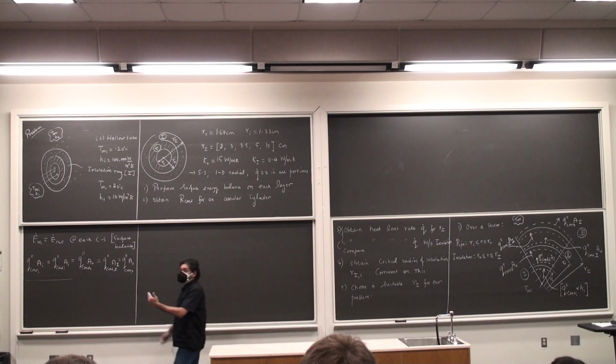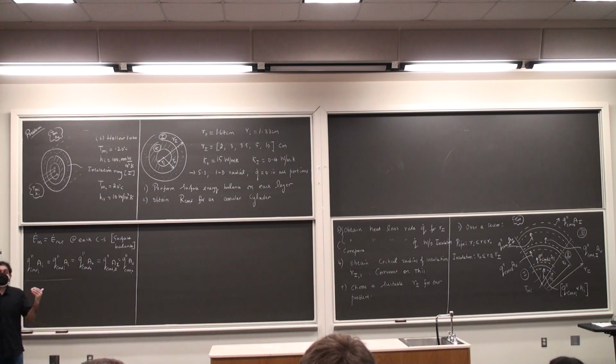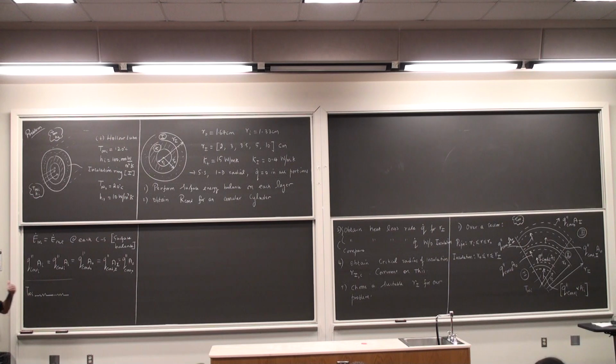And since the rate of energy transfer is the same all through, I can make use of the idea of thermal resistance networks in those regions where no heat generation is taking place. I'm going to draw this in the form of a thermal resistive network. We'll fill in some unknowns very soon. I start off at T infinity I, and from T infinity I to the first layer of the annular ring, I'm going to have convective heat transfer.